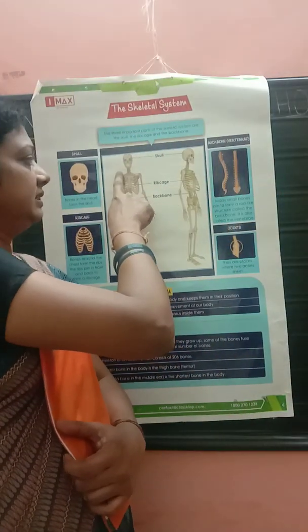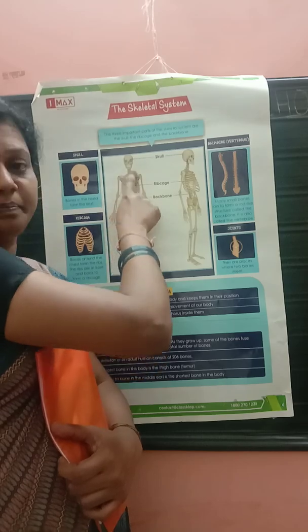And the ribs. Bones around the chest form the ribs. The ribs join in the front and the back to form the rib cage. Understood children? See this, this is the rib cage.